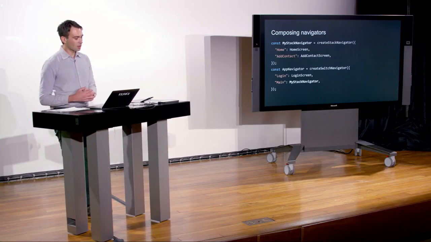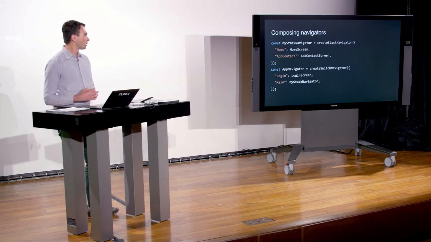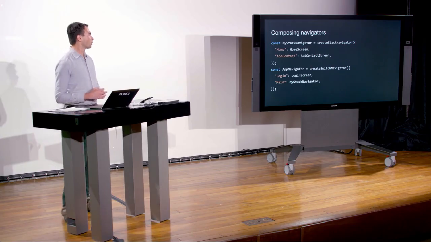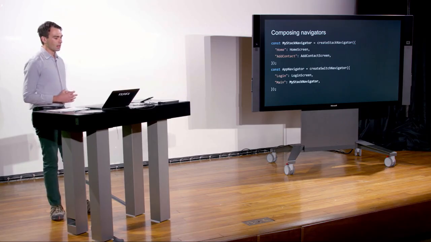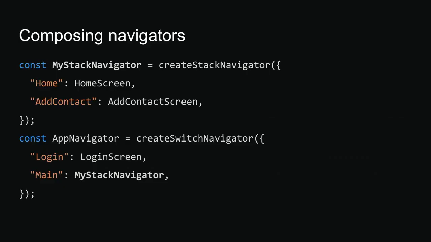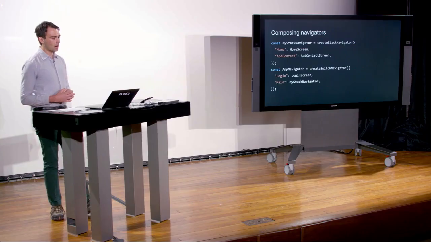Cool. So this is what it looks like to compose a navigator. You can see that in this case, we're creating a stack navigator, as per usual, with two screen components. But then down here, when we're creating a switch navigator, it's our top-level navigator, as you can see, because it's an app navigator. We're registering the stack navigator inside of it as the main route.